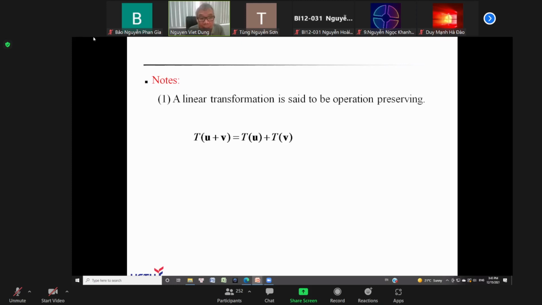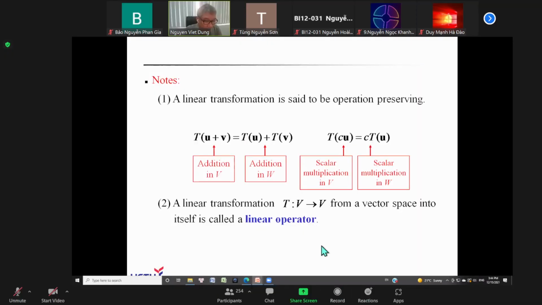And in case the domain and codomain coincide, meaning T is a mapping going from V into V, then usually we call it a linear operator. Just the name might be a little different from case to case.